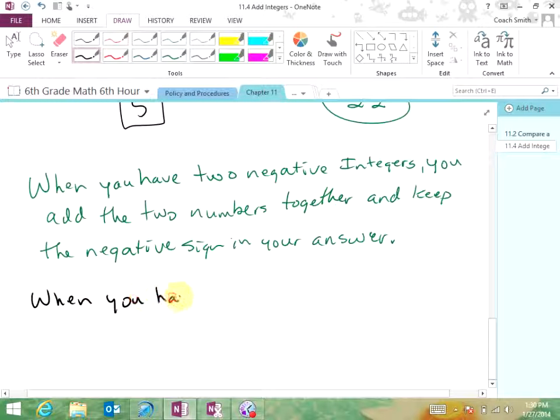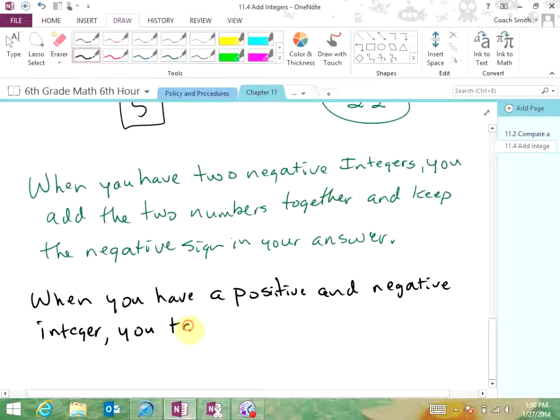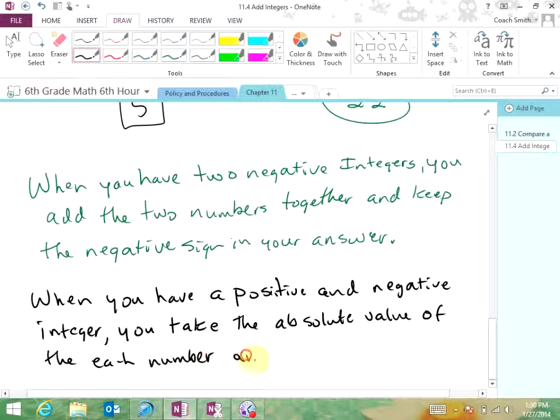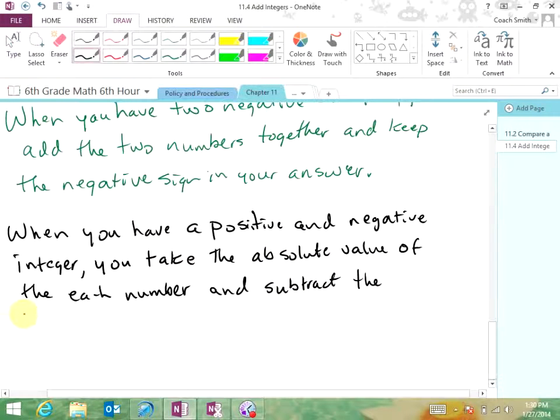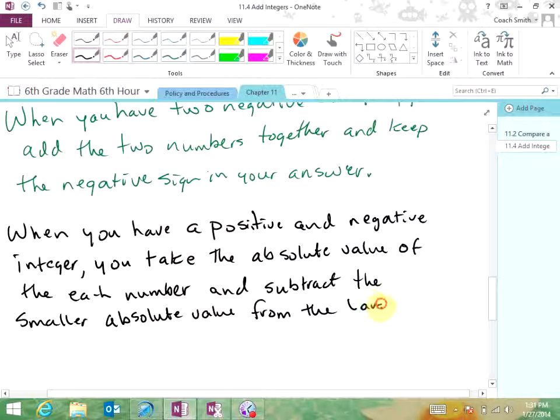When you have a positive and negative integer, you take the absolute value of each number and subtract the smaller absolute value from the larger absolute value.